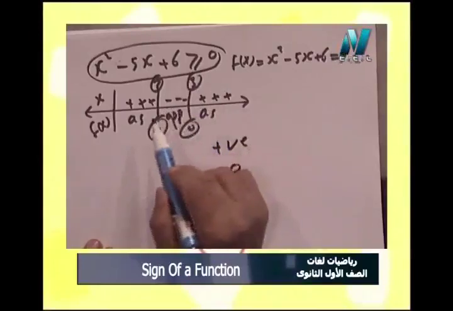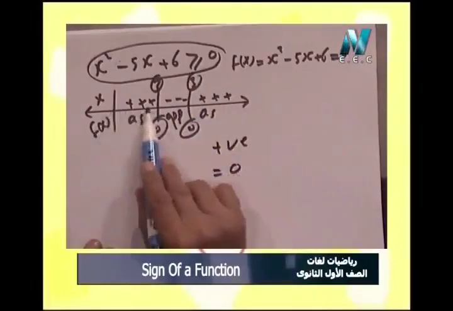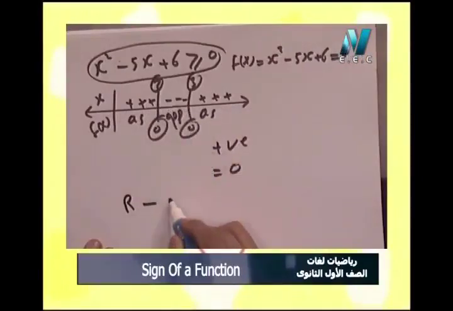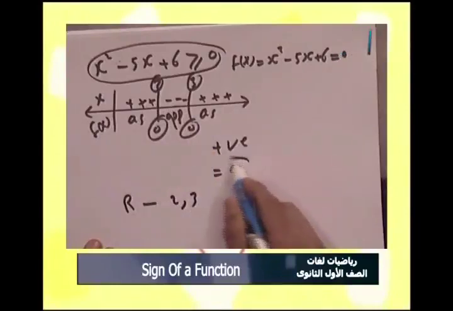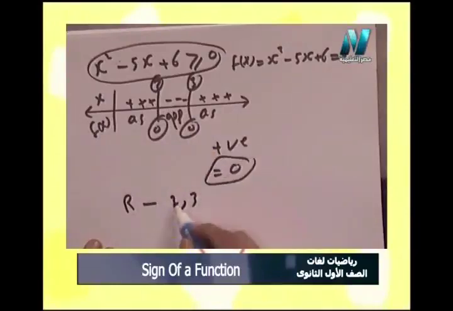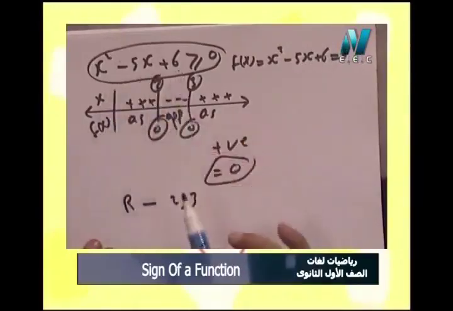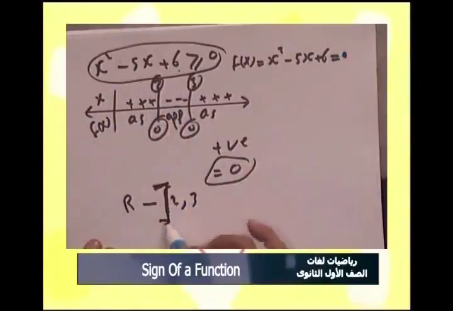It's positive in this part and this part. So from R, except this part, which is 2 and 3. But we want 0 also. And 2 itself makes the function equal 0. So we'll close it here, or open it here. Sorry. R minus 2.